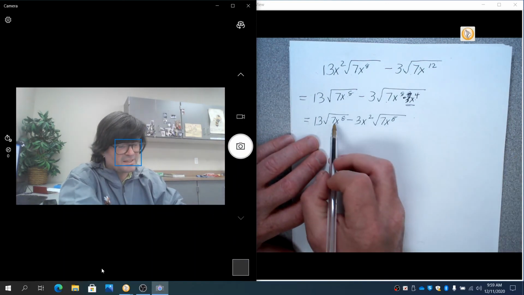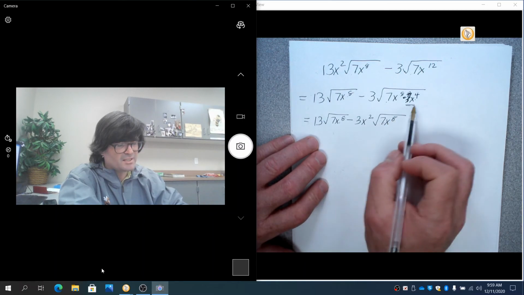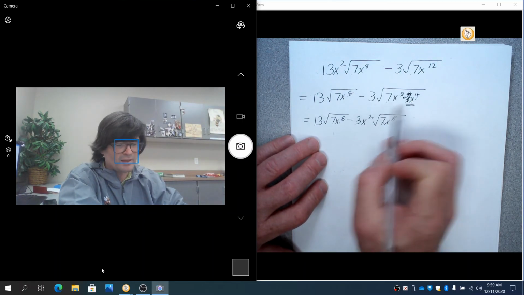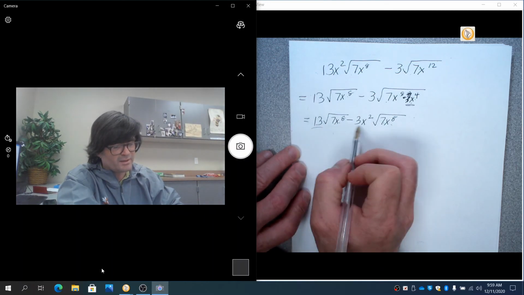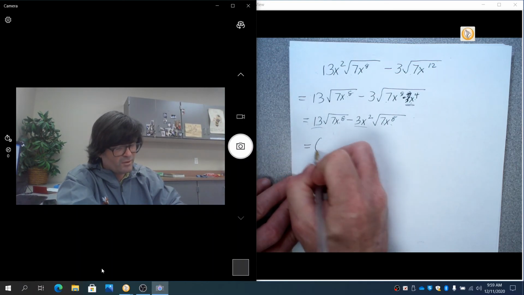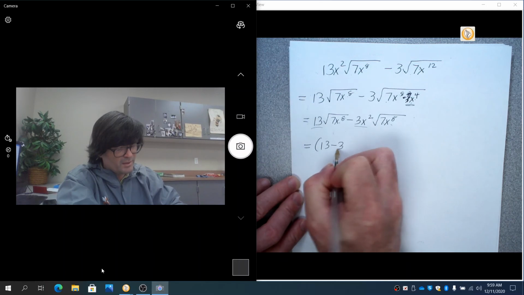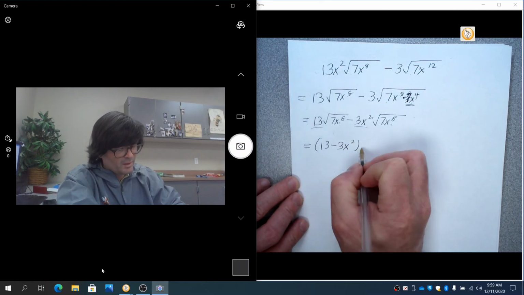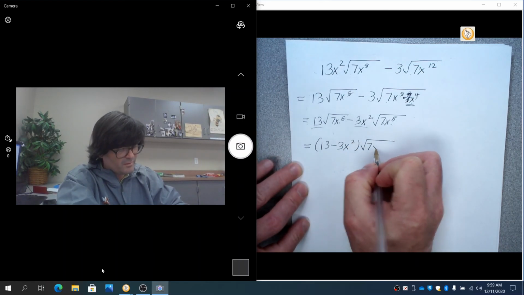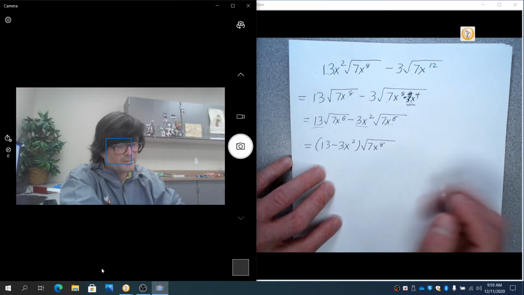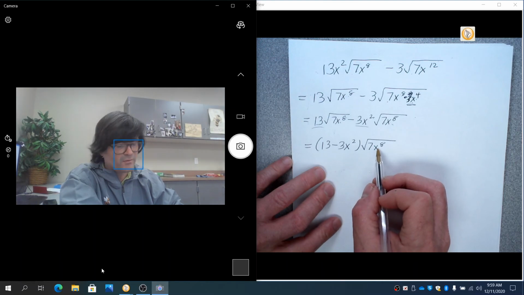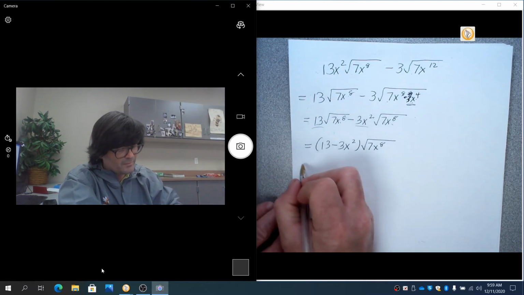So I end up with something like that. We've got 7x to the 8th now, 7x to the 8th. This x to the 4th, we took the square root of it, and we got x squared. And now, because these two match, all I do is subtract the coefficients. So I have 13 minus 3x squared times the square root of 7x to the 8th. And we're actually not quite done yet, because x to the 8th itself could be broken down.